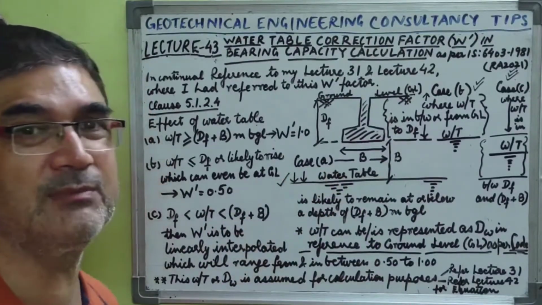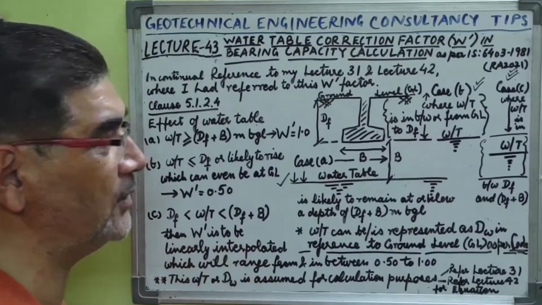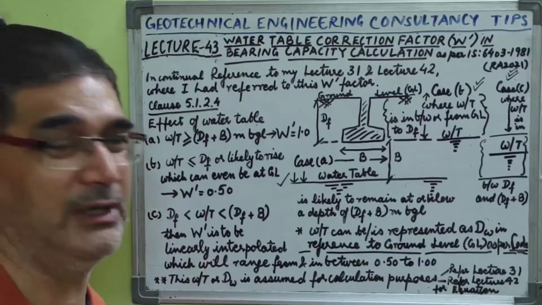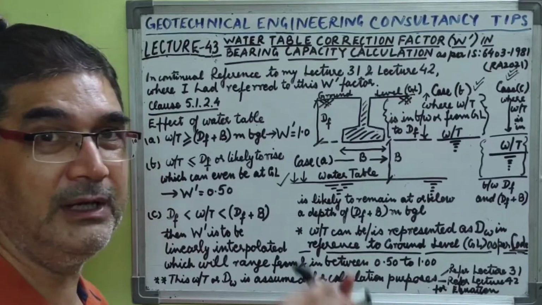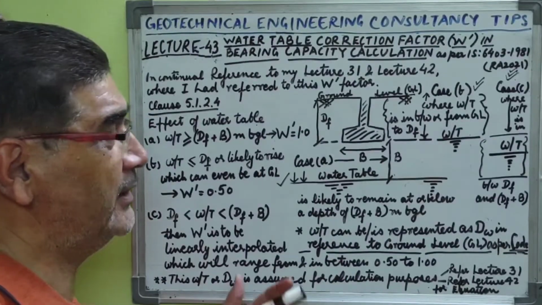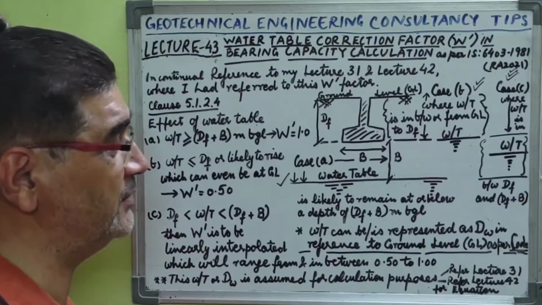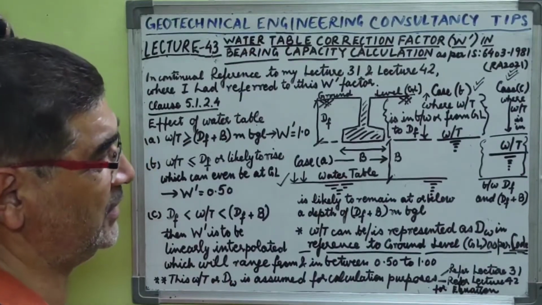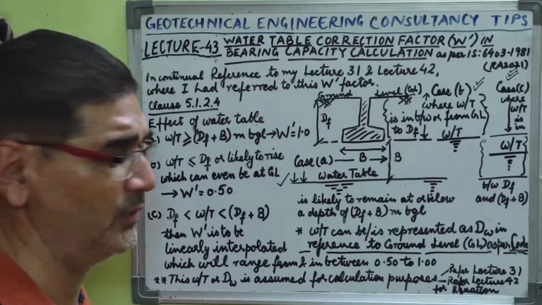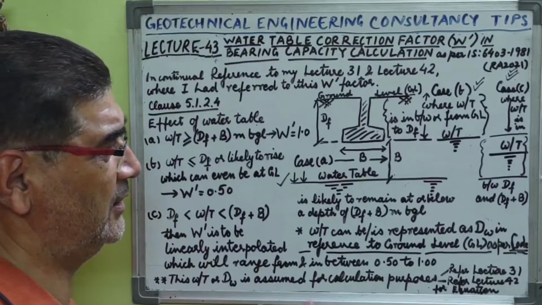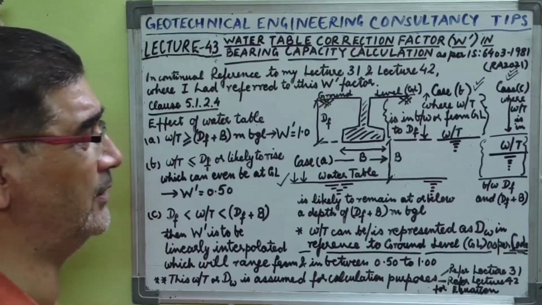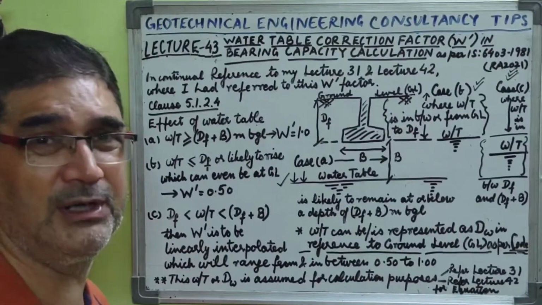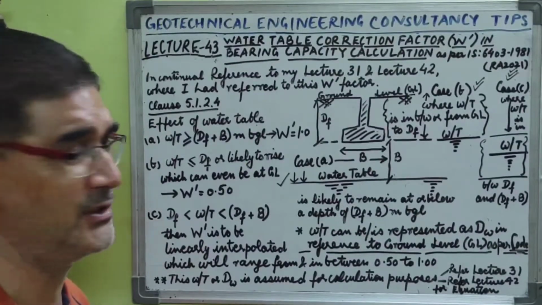In some cases we may encounter the water table, and in some cases we may not encounter it in the desired depth of investigation which we did for that particular structure. It could be a structure like an overhead tank, a building, a multi-storey tower, or any other structure, bridge, etc.